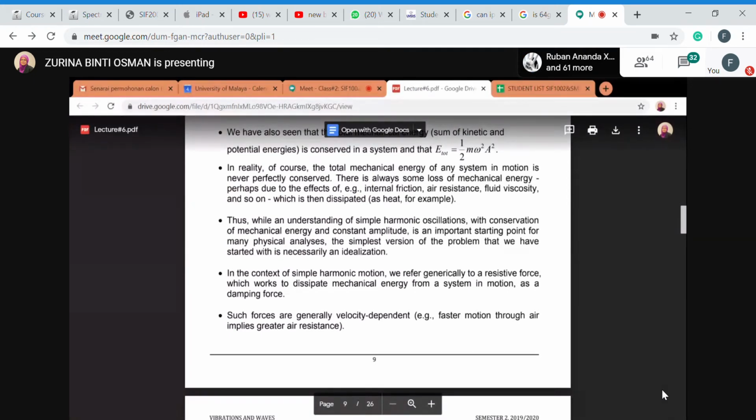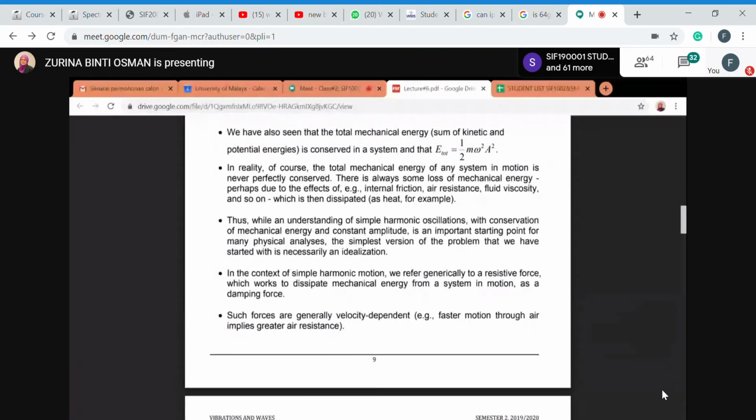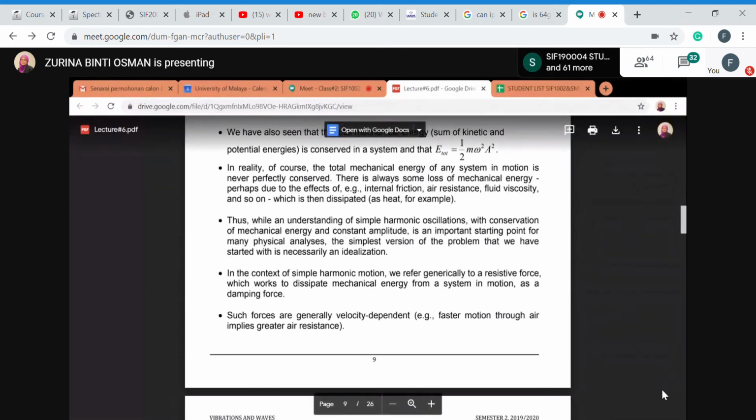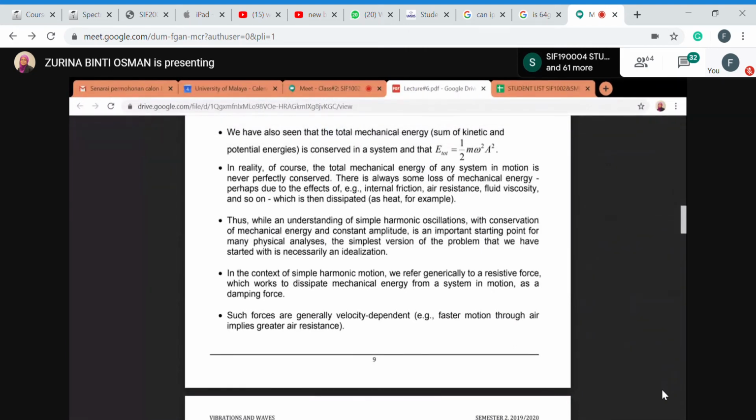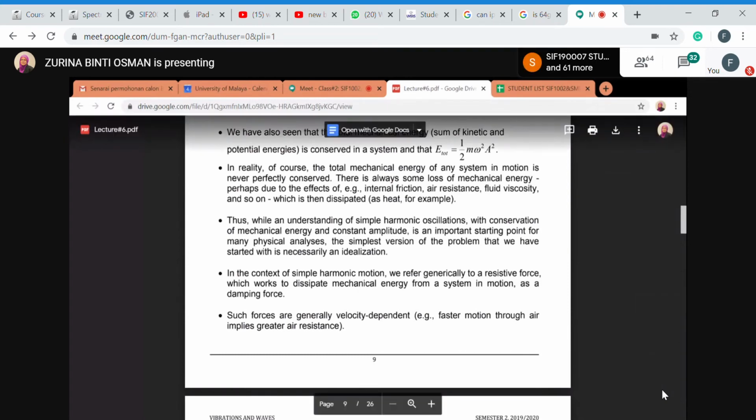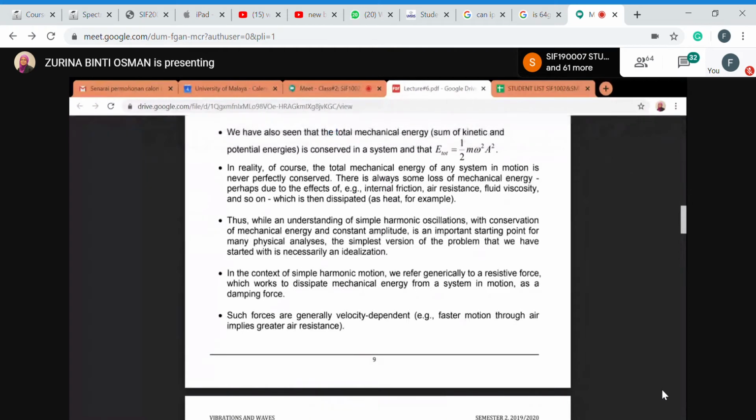But in reality, of course, the total mechanical energy of a system in motion is never perfectly conserved. There is always some loss of mechanical energy, perhaps due to internal friction, air resistance, fluid viscosity, and so on, which is then dissipated as heat, for example.